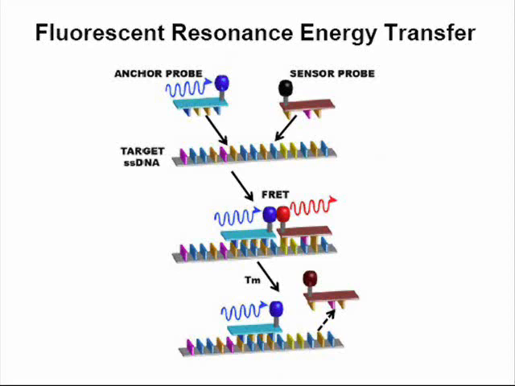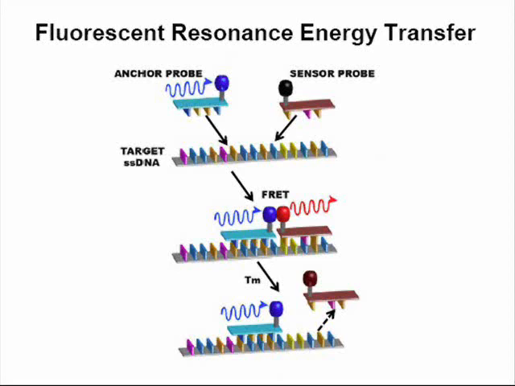This is by design, and the instrument that is looking for this type of interaction can only detect red light, therefore there's no interference from the blue light. This allows for highly specific detection of a nucleic acid recognition, because there must be two sequences of DNA that are within 100 angstroms distance from each other for this to work.